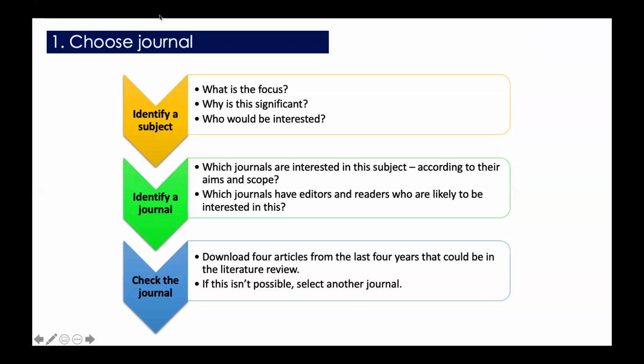Before we choose a journal, the first thing we need to identify is the subject. What are we going to focus on in our paper, our publication, our journal? Is it significant? How significant is it? It can answer a problem stated by a previous study.